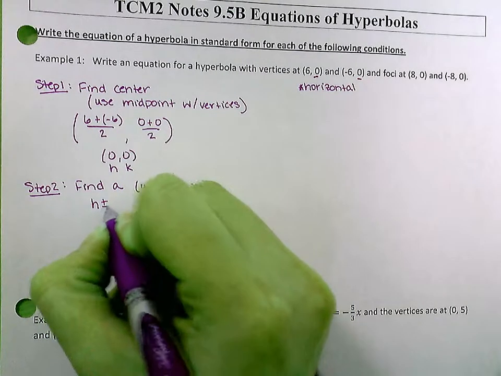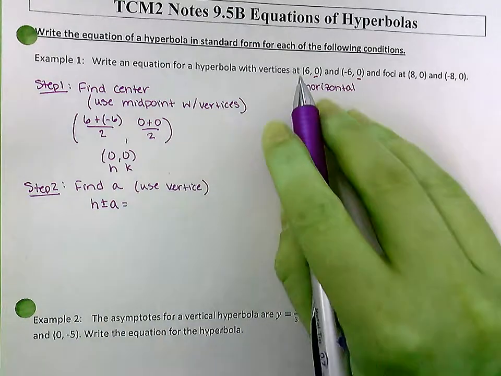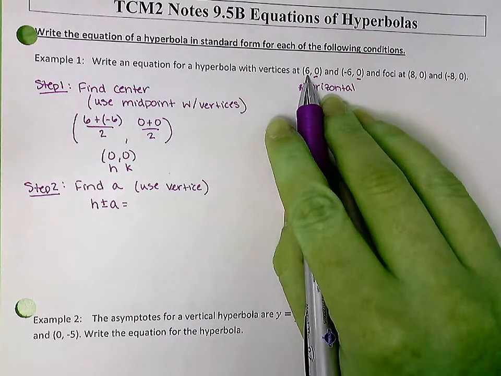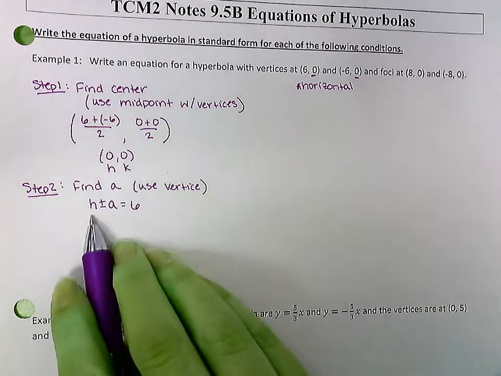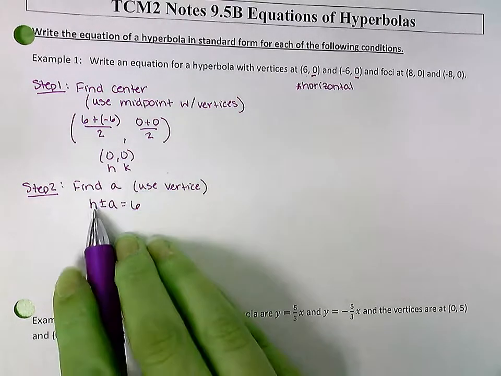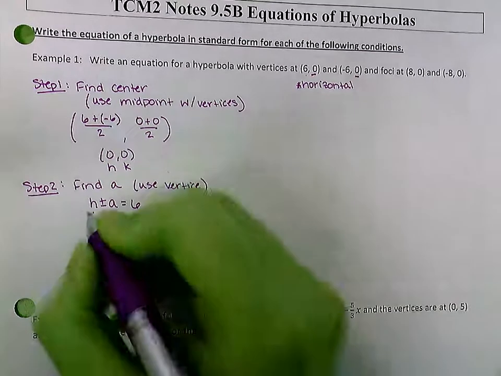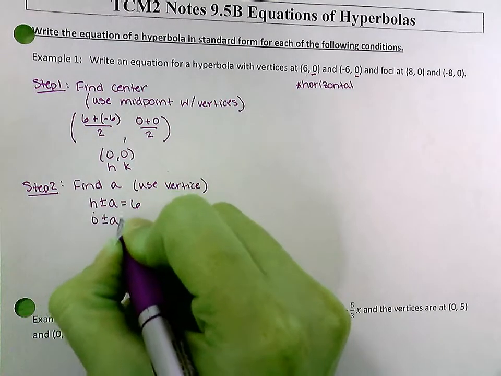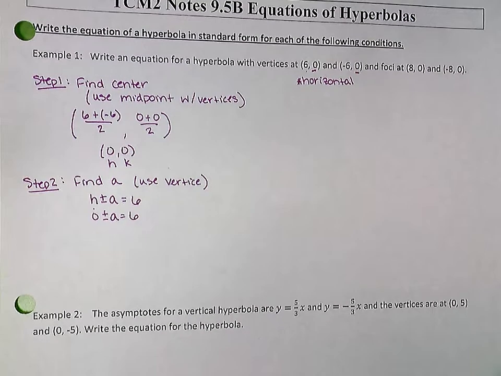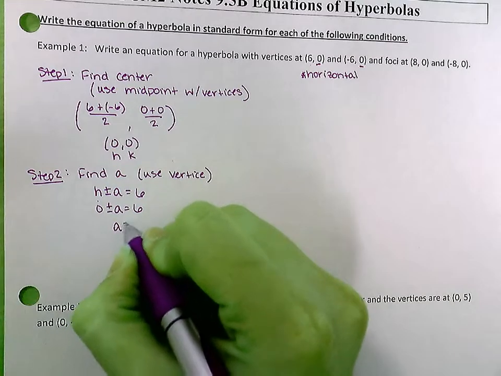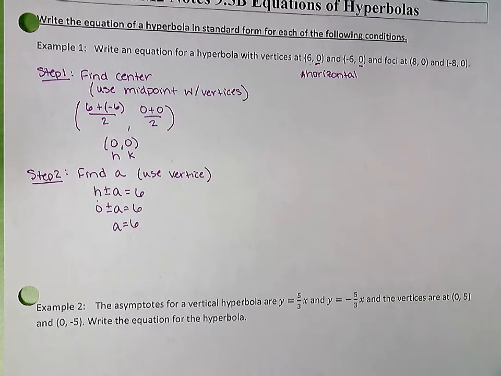So I have h plus or minus A will equal the x value in one of my vertices. That x value is 6. Now I can plug in 0 for h since I know what h is. Again, A, B, and C should always be positive. So A is going to equal 6.